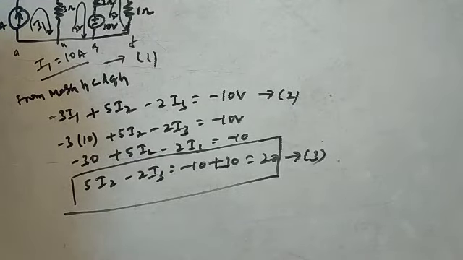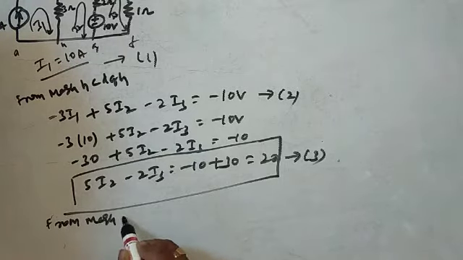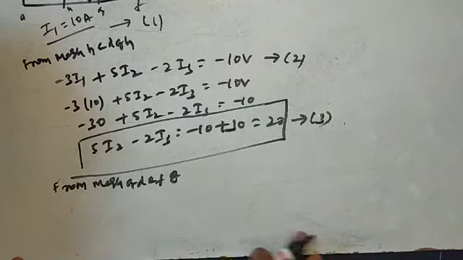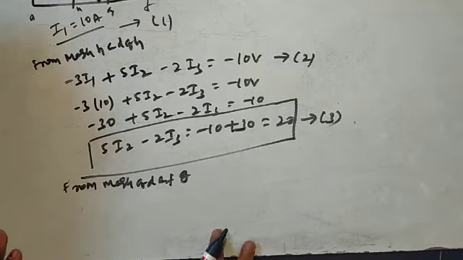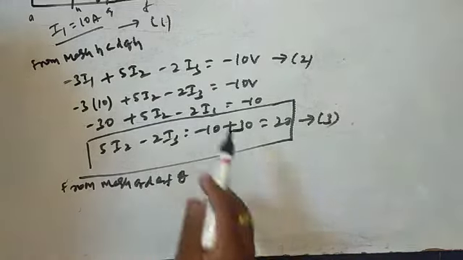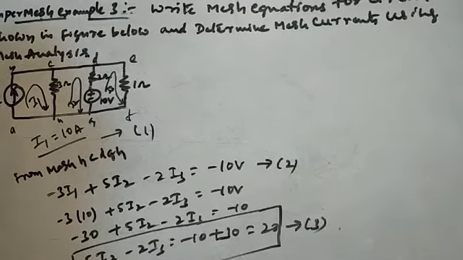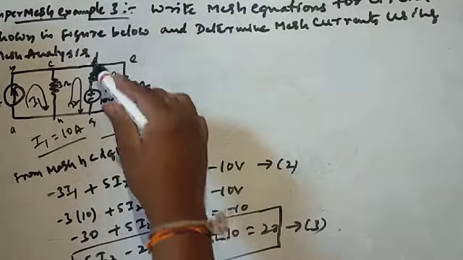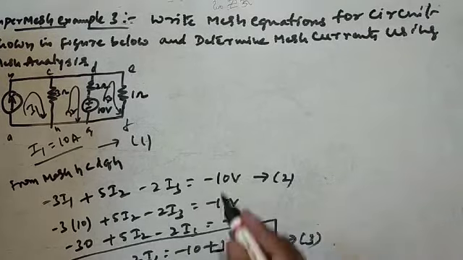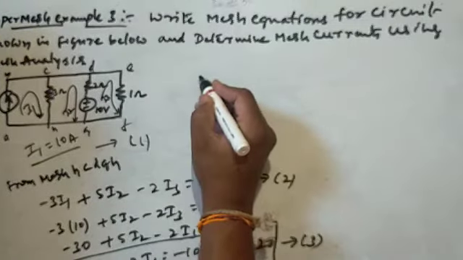Okay. Now from mesh G, D, E, F and G, the third mesh, I will apply. Here I am going from this point G, D, E, F, G. First I reach the 10. Here only I write the mesh equation.